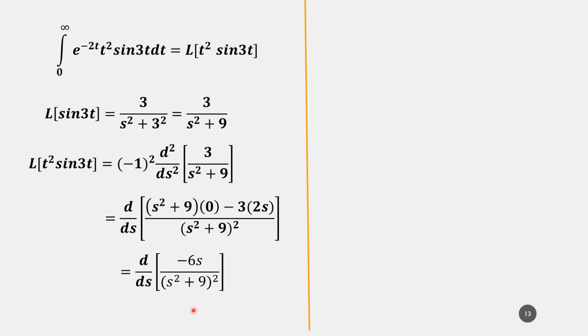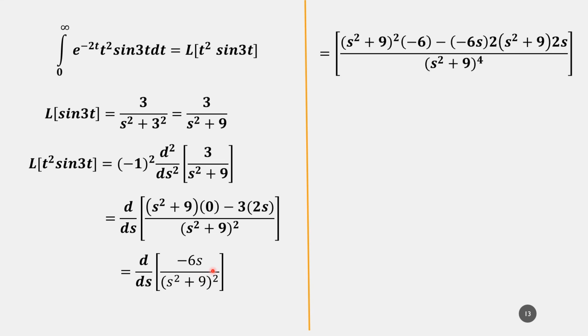Differentiating it once again, because we have one more d by ds, again using u by v, it's v into the derivative of minus 6s, which is minus 6, minus u into the derivative of v, which is 2 into s square plus 9 into 2s, upon the denominator square.